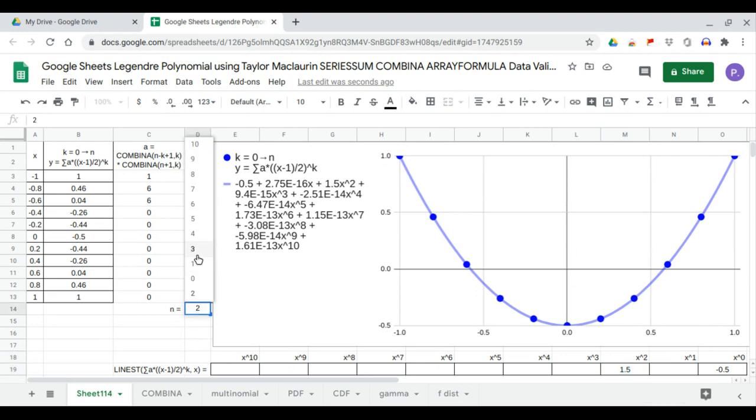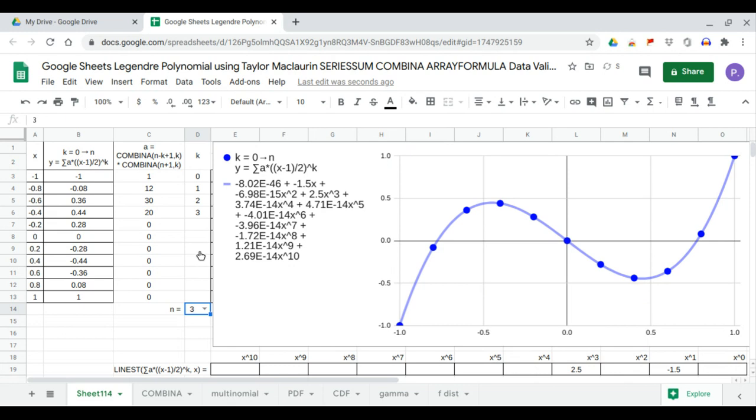At n equals 3, Legendre polynomial y equals minus 1.5x plus 2.5x cubed.